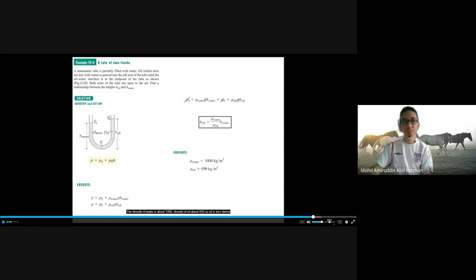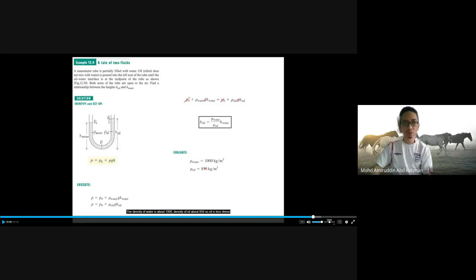But what's the difference? The difference is that you have a difference of density, and also the height of water and the height of the oil. So that's the difference.